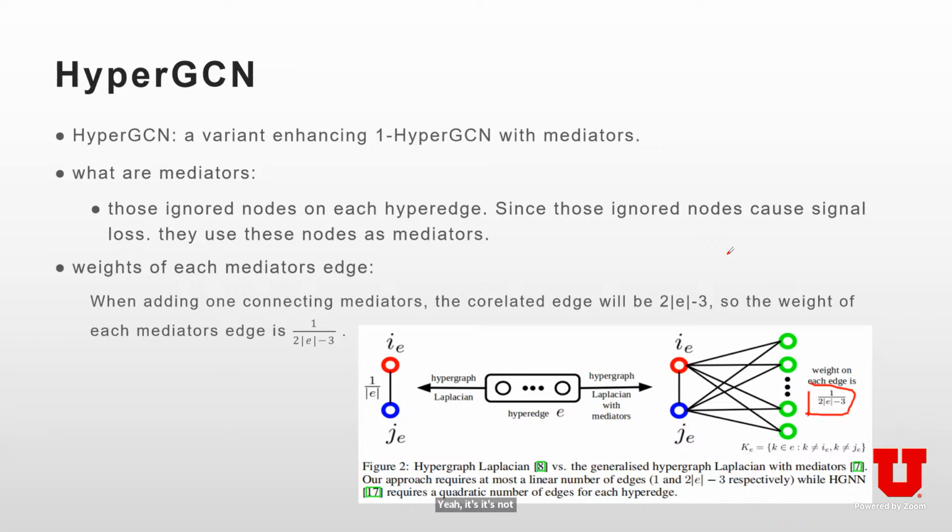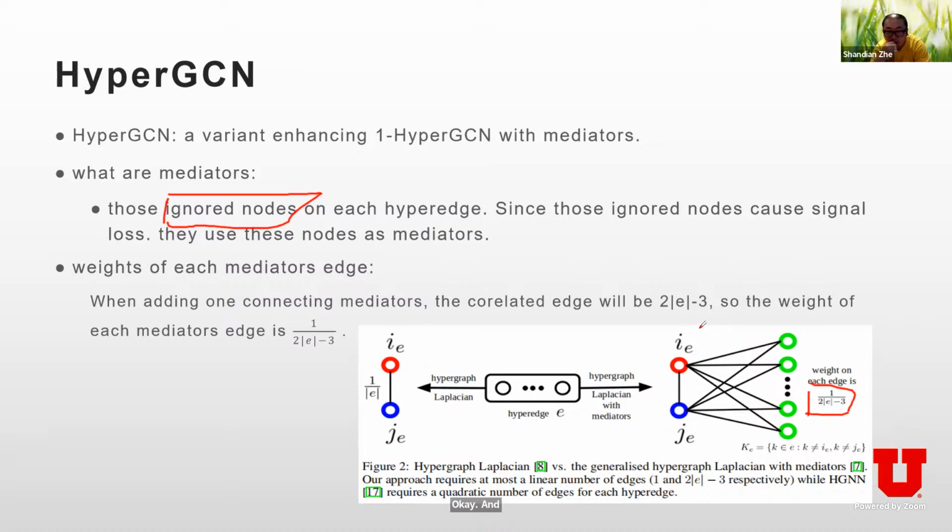For example, if one hyperedge has 4 vertices, and we choose 2 to represent it, then we have 2 mediators. Do you mean the remaining nodes are mediators? Yes, the ignored nodes are viewed as mediators. So each ignored node will connect to both represented nodes. Correct.